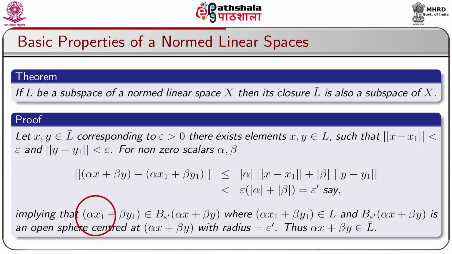This implies that alpha x1 plus beta y1 belongs to B of epsilon dashed, alpha x plus beta y, the open ball centered at alpha x plus beta y with radius epsilon dashed, where alpha x1 plus beta y1 belongs to capital L. Thus, alpha x plus beta y belongs to L bar.